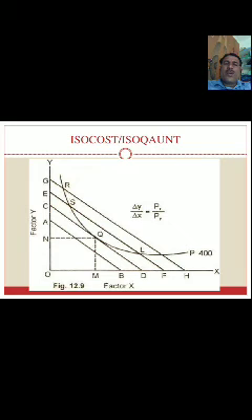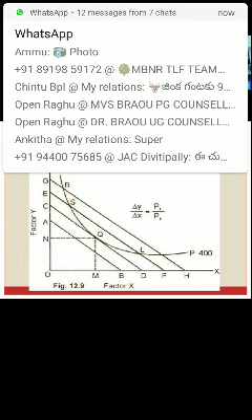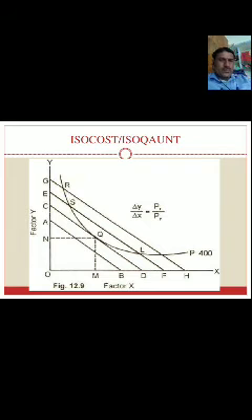If the producer's budget expands or increases, the new isocost line will arise to the right side of the previous isocost line.